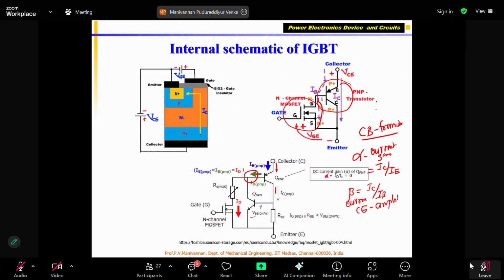Generally, IE will be very close to IC, provided beta is very high. Beta current gain is very high, correct? We know that if you remember correctly, IE equals IB plus IC. This we saw last semester.